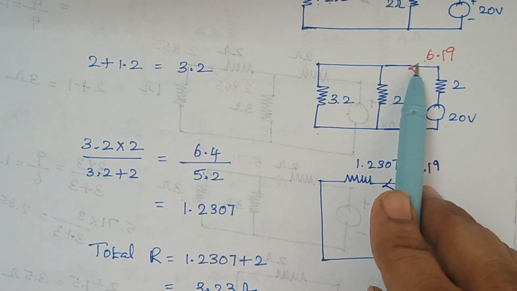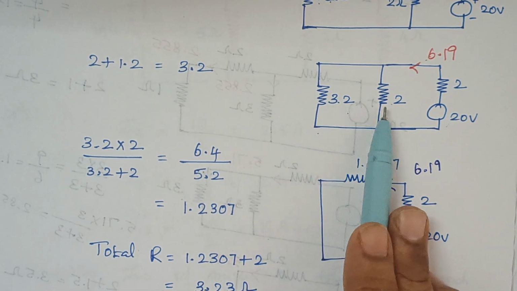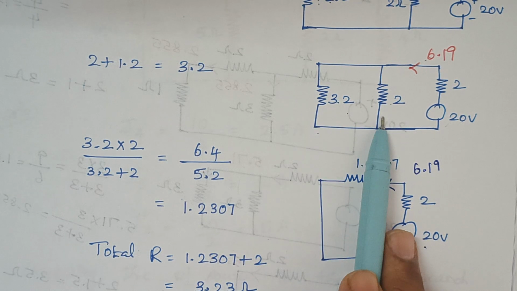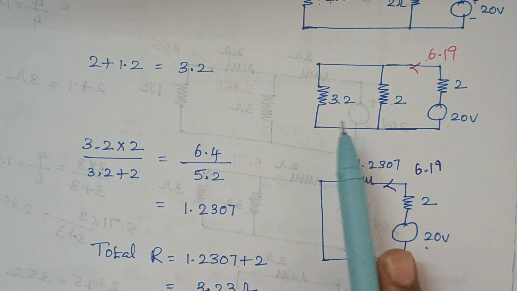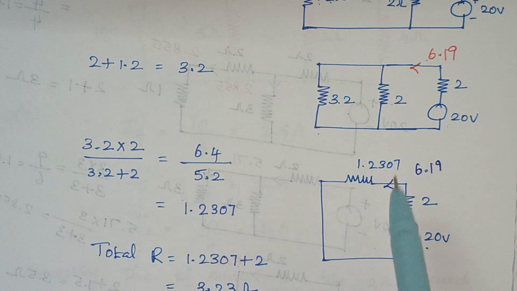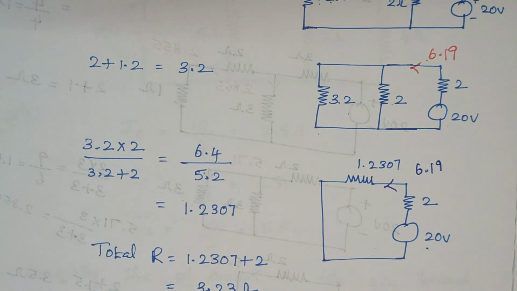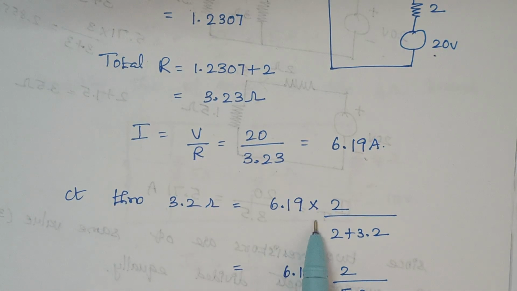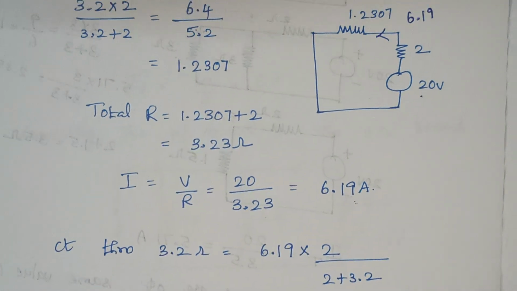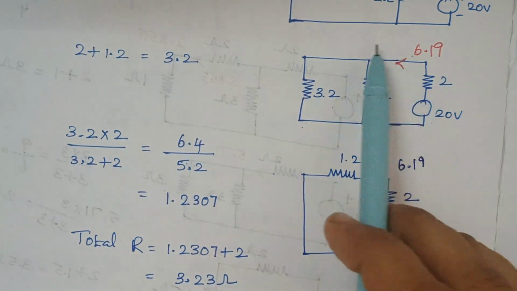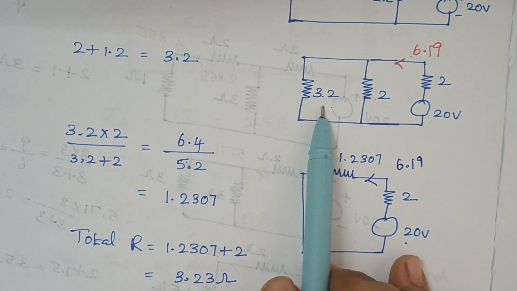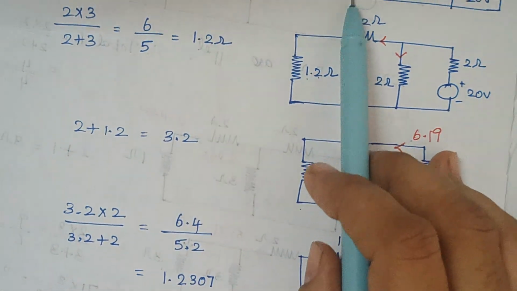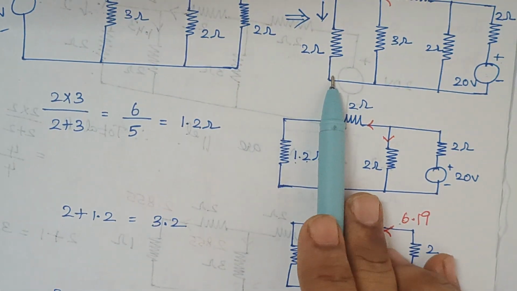This current gets divided between these two resistors. Since the resistor values are different, we have to use the current division rule. When you use the current division rule, you take total current into opposite resistance, divided by total resistance. We need the current that flows through this 3.2, because when you move gradually backward, this gives our 2 ohms, right?